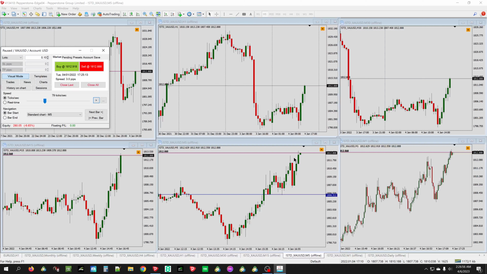We have broken above the previous candle high, but there was nothing for me in here to execute. Actually, I made a mistake in the previous A grade trade.